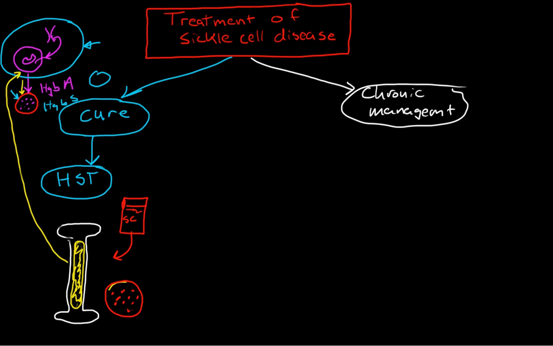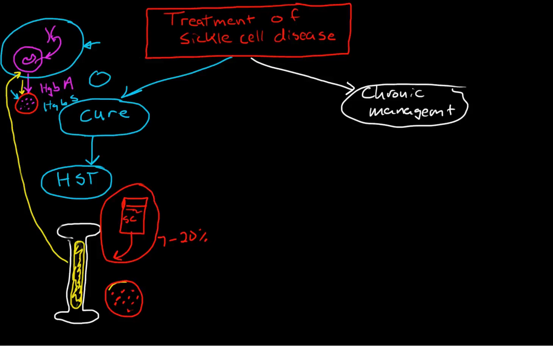Now, this is a very risky procedure because the mortality rate is reported to be between 7 and 20% just from the procedure itself. The person has no white blood cell function for several weeks after the transplant and is prone to infections, and also the white blood cells from the donor can attack the patient's entire body as non-self.